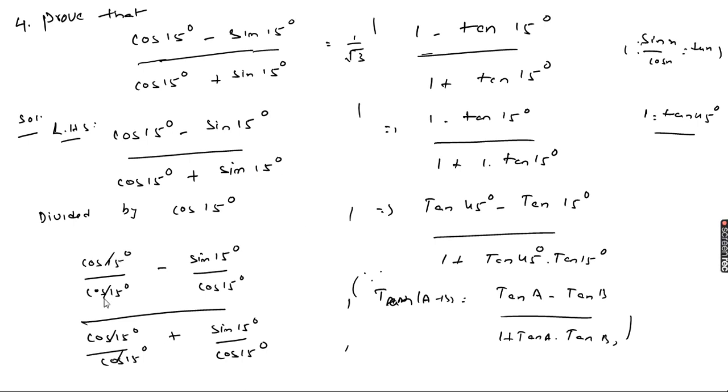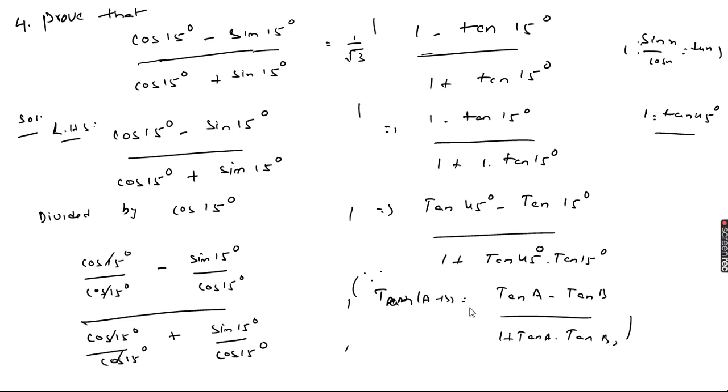Both cos will be cancelled. So we get 1 minus tan 15 by 1 plus tan 15. Here tan 15 can be written as 1 into tan 15 in the denominator, and 1 can be written as tan 45 degree. So instead of 1 we write tan 45 minus tan 15 by 1 plus tan 45 into tan 15.